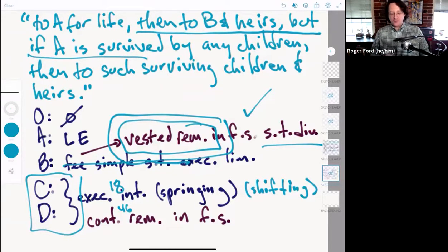If we said to A for life and then to such of A's children as would survive A, otherwise to B, or but if none survive A, then to B, then the children of A would have a contingent remainder because they're not divesting someone else's interest.